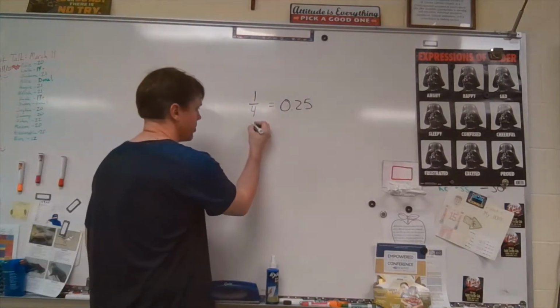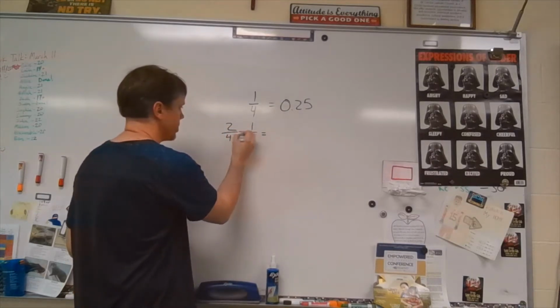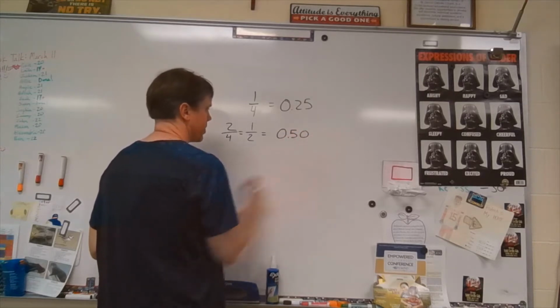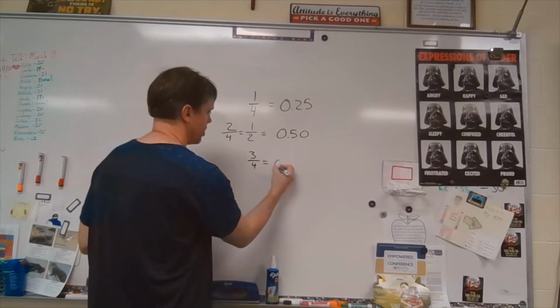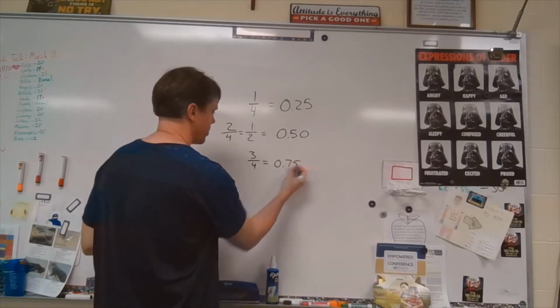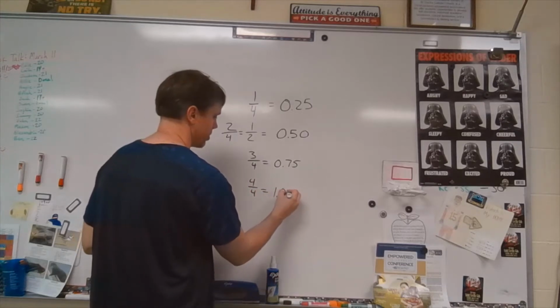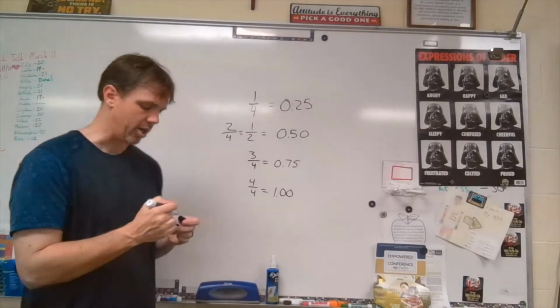So 1/4 is 0.25, 2/4 equals 1/2, which equals 0.5 or 0.50. 3/4 equals 0.75, and then 4/4 is equal to 1.00. All right, pretty straightforward, pretty simple stuff.